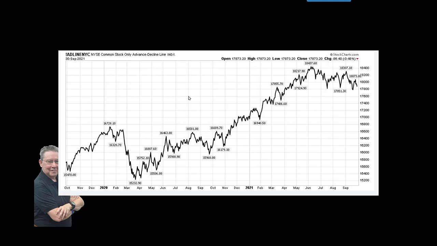I call it the primary trend indicator, PTI, because it's really telling me what the average stock is doing. Whereas the Nasdaq and the S&P are a mega cap trend indicator. So the PTI peaked in June and hasn't made a new all-time high since then. In fact, you could argue we're actually in a very, very sluggish bear market.